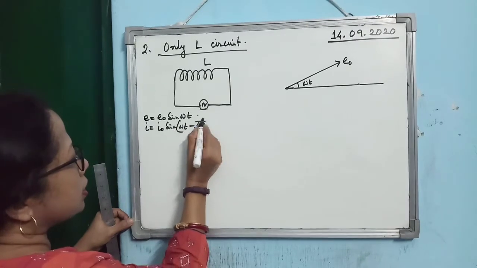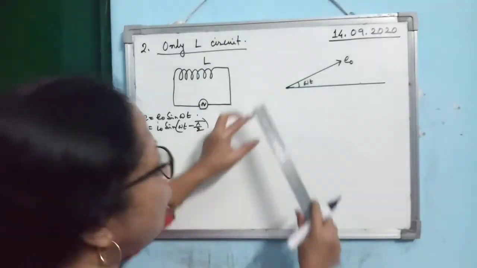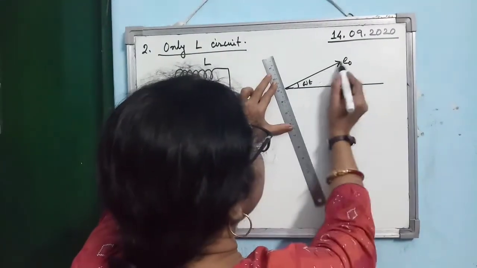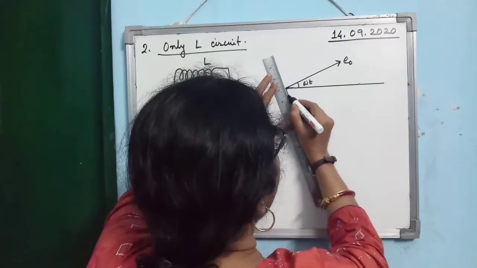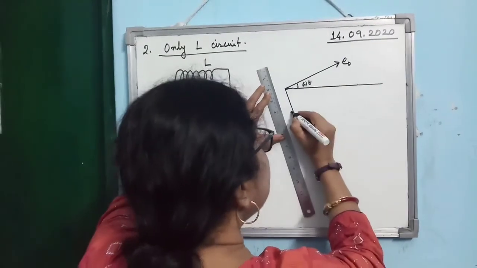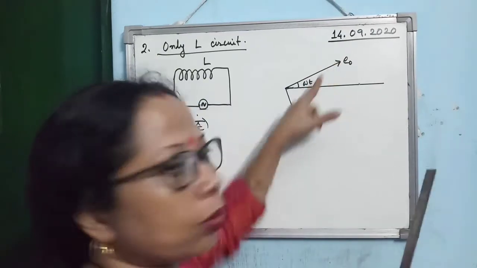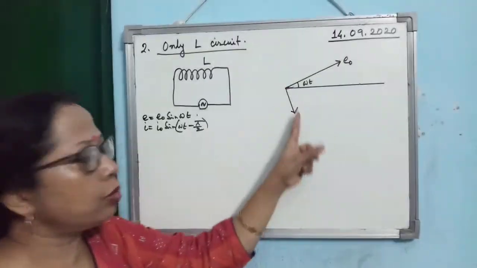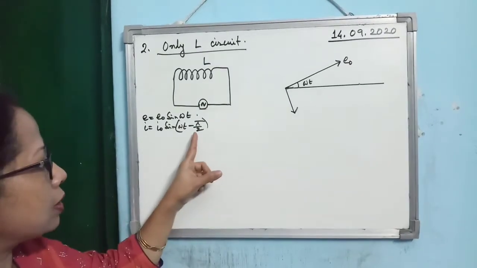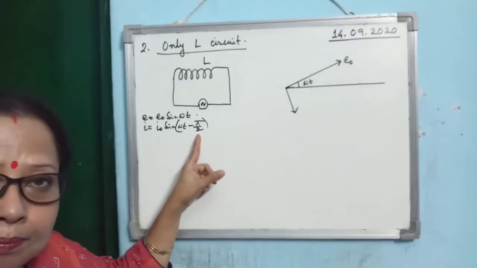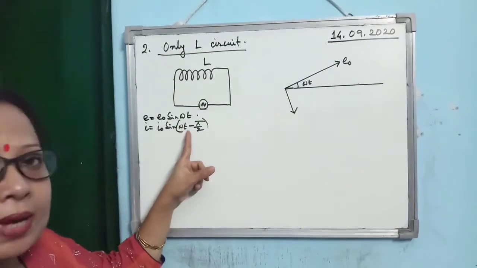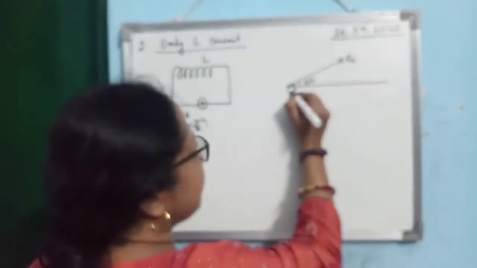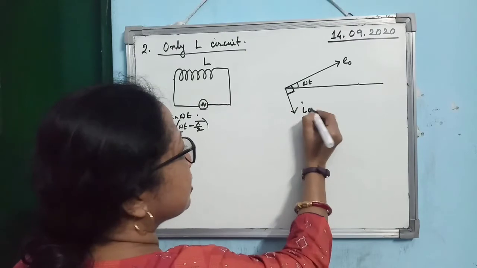This is the relation, sine of omega t minus pi by 2. So you see how to draw I: it should be perpendicular to E0 and it will be behind E0. I0 will be perpendicular to E0. Why perpendicular? Because it is lagging behind by an angle pi by 2. And lagging behind, so it will be behind E0. This is 90 degrees and this is I0.